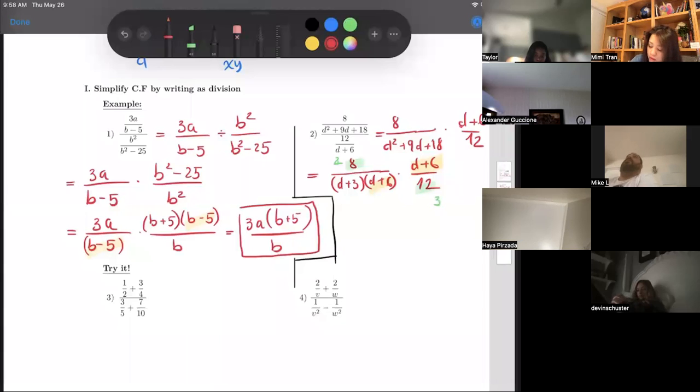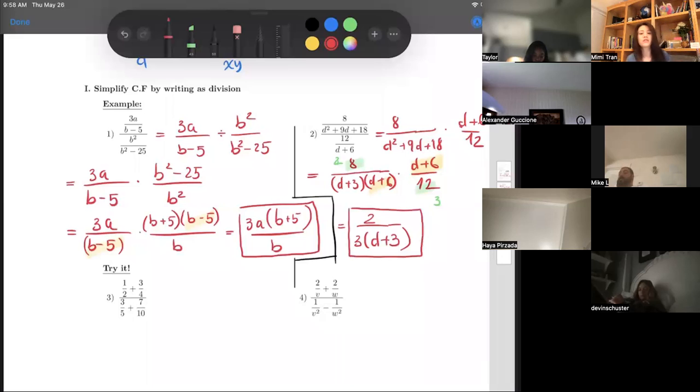So your final answer is 2 times d, my bad, d plus 6 is gone. 2 over 3 times d plus 3. And that's it. You don't have to distribute the 3. If you want to, you can, but I'm not requiring you to do it. It doesn't do anything.